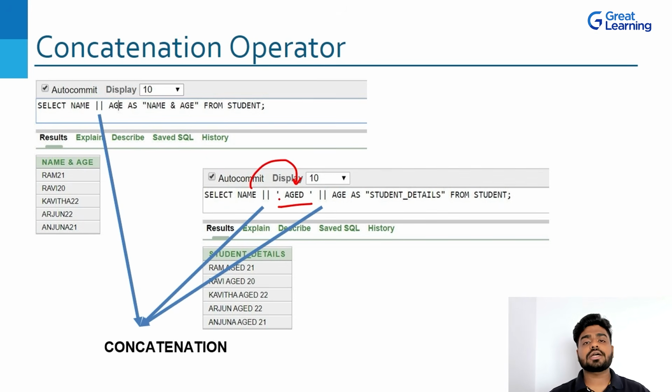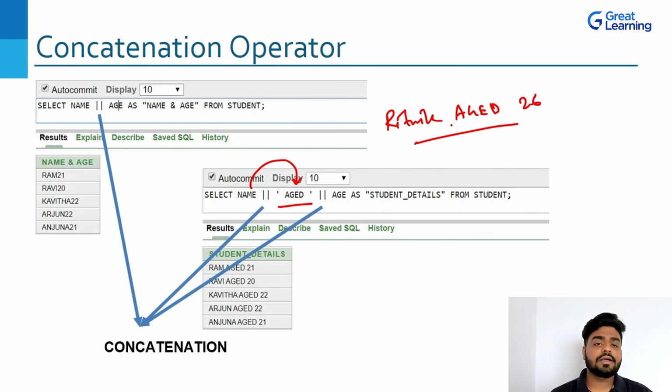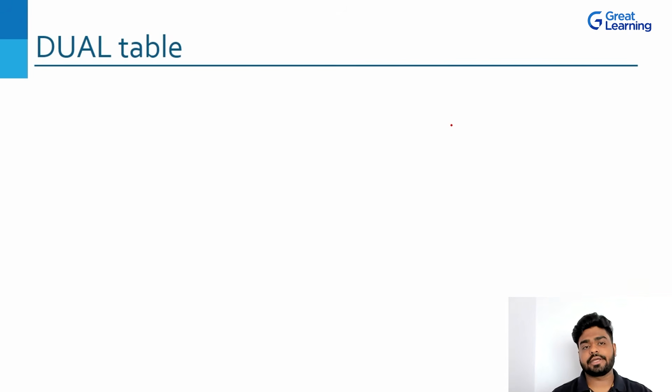Aged is not a column field. It's a string. So let's say the name is Ritvik. Then it will write aged, then it will write my age. So this is what will get printed: Ritvik aged 26. Amazing, right? So this is the concatenation operator.